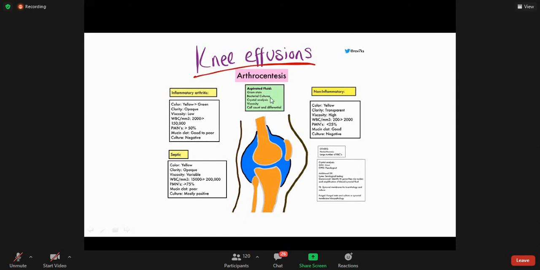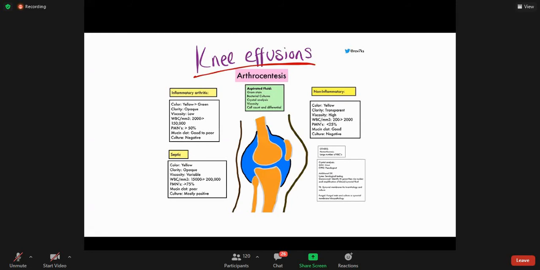And this box is showing you what you will look for in the aspirated joint fluid. You will go for the gram stain, bacterial cultures, crystal analysis, viscosity, and the cell count and differential. Okay, you will take a screenshot of this. This is the whole nutshell. Okay, let's move ahead.